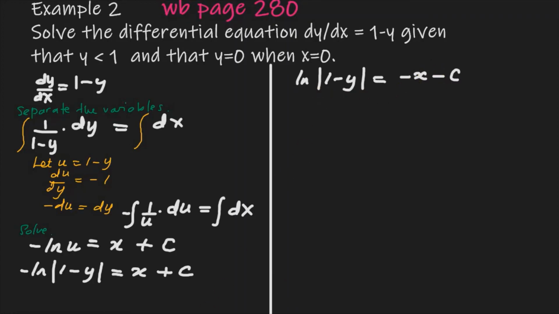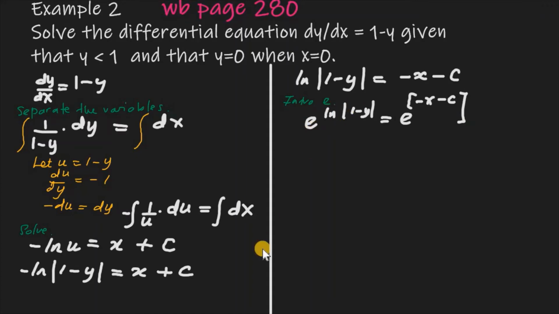And then to get to this value, we need to change it into an exponent. Let's introduce e. So hence we have e power ln of absolute value 1 minus y equals e power negative x minus c.